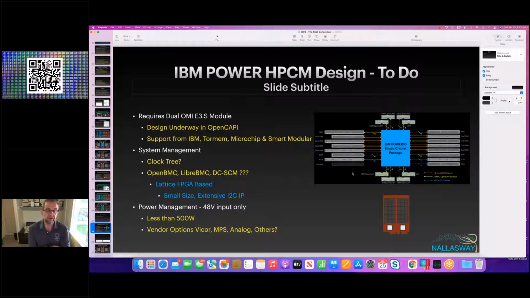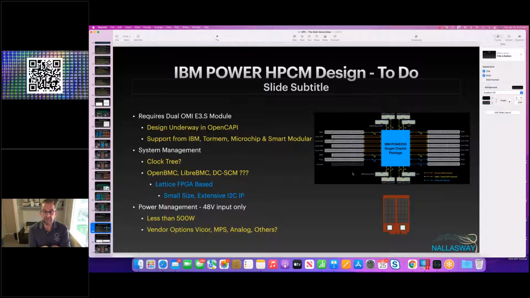Vicor seem to be everywhere in there, so they would be a good choice. But I know that others like MPS are working on or have 48 volt solutions. So we've got some choices on the vendor options, and if we can get one or more of them to collaborate on helping us on the power front, I think that would be good.